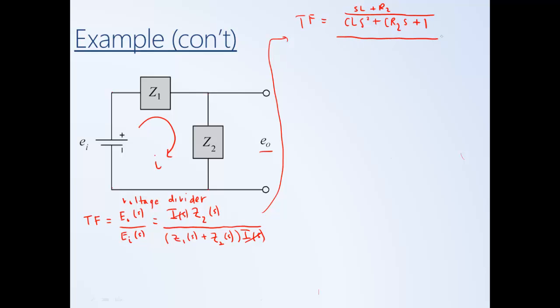So our transfer function has Z2 in the numerator, and then it has Z1, which again, if you look back on the previous slide, is equal to R1 plus Z2 again, which is the same as the expression that we have in the numerator. S times L plus R2 divided by CL times S squared plus C times R2 times S plus 1.